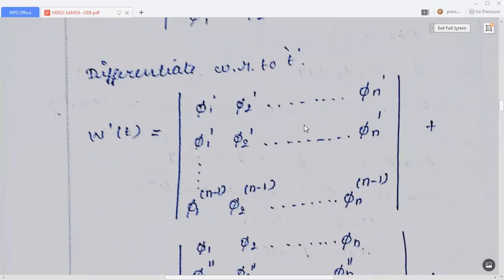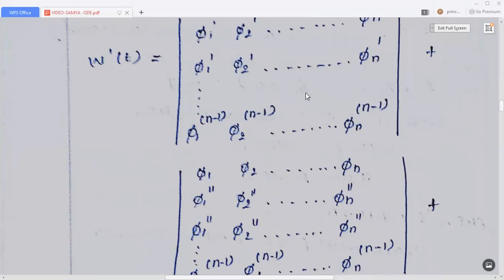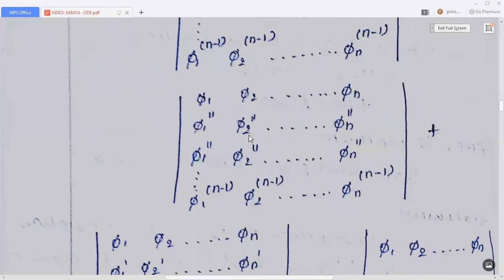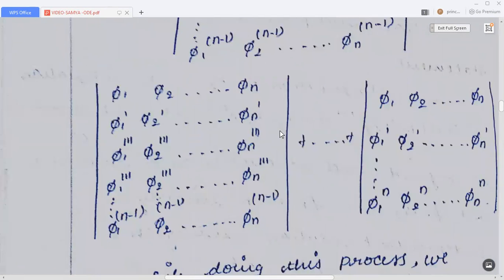Here in the first determinant we differentiate the first row of functions only. All other rows we keep as they are. Plus in the second determinant we differentiate only the second row. We keep all other rows as they are. Plus in the third determinant we differentiate only the third row of functions. We keep all other rows as they are.